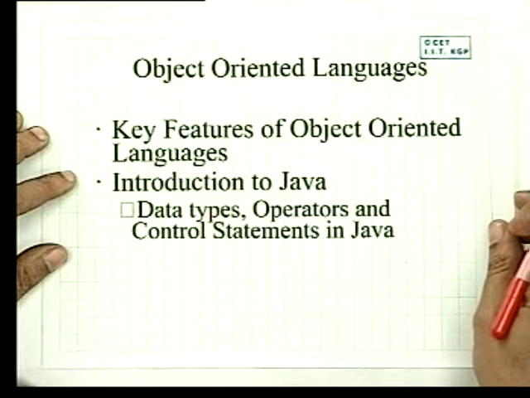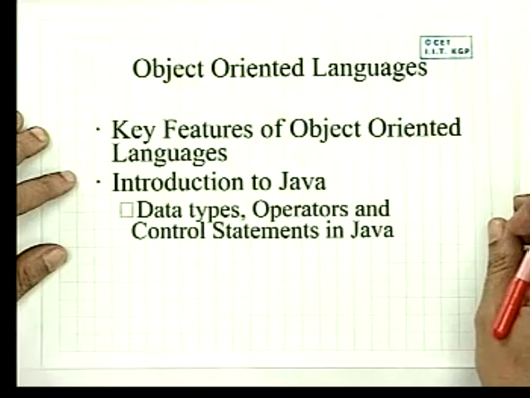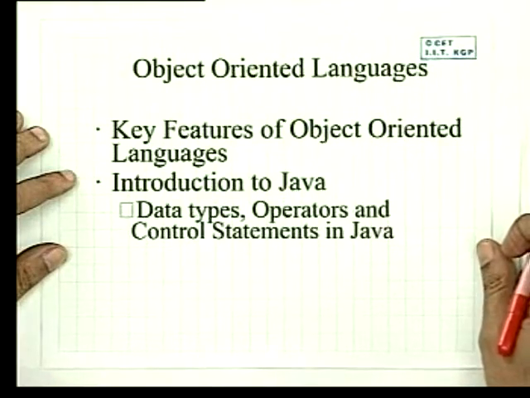You will see that some of the control statements, types and operators are very much similar to C, which you are already familiar with, and only the differences will be highlighted.